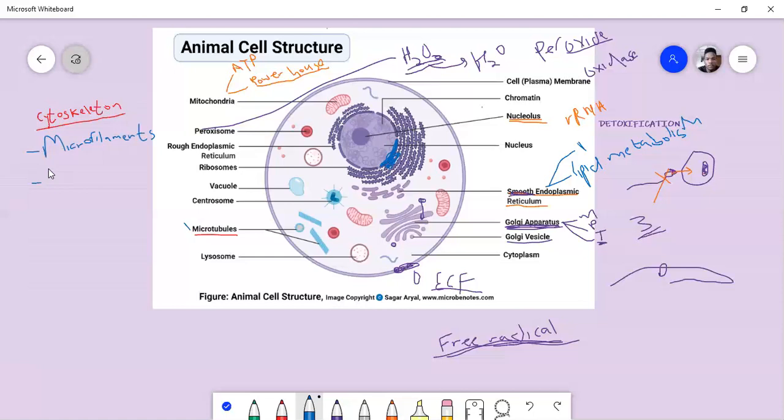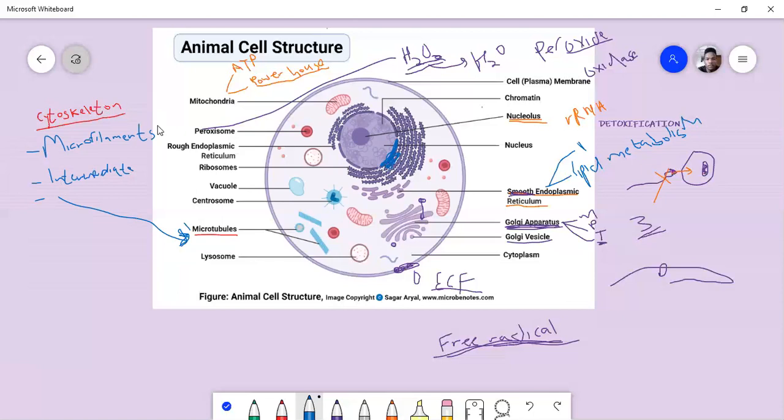I'll write it carefully. Sorry for the handwriting. Intermediate filaments. And then number three, you have your microtubules. So your cytoskeleton is made by microtubules, intermediate filaments, and microfilaments, right?